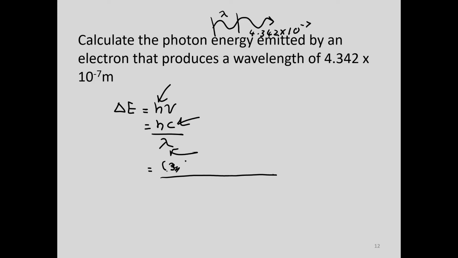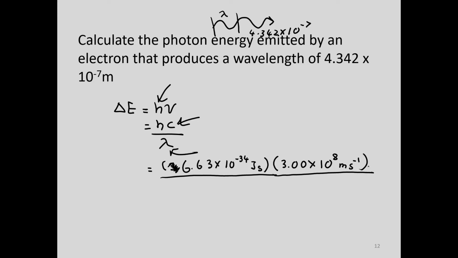It is in your tutorial. 6.63 times 10 to the power negative 34, and its unit is joules per second. Then multiply by the speed of light constant. If it's any constant, don't worry, you don't need to memorize it, it is given. Just memorize the formula. If you don't want to memorize the formula, memorize its units.